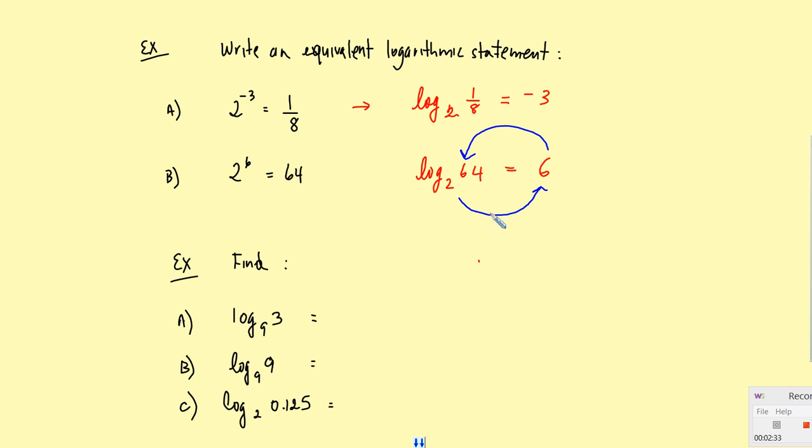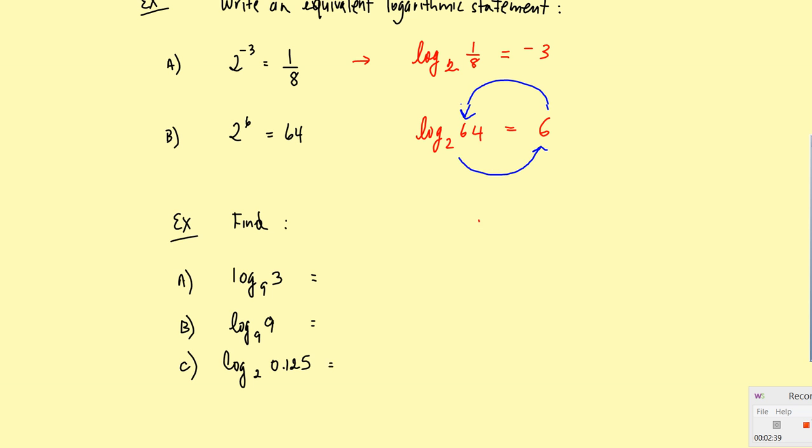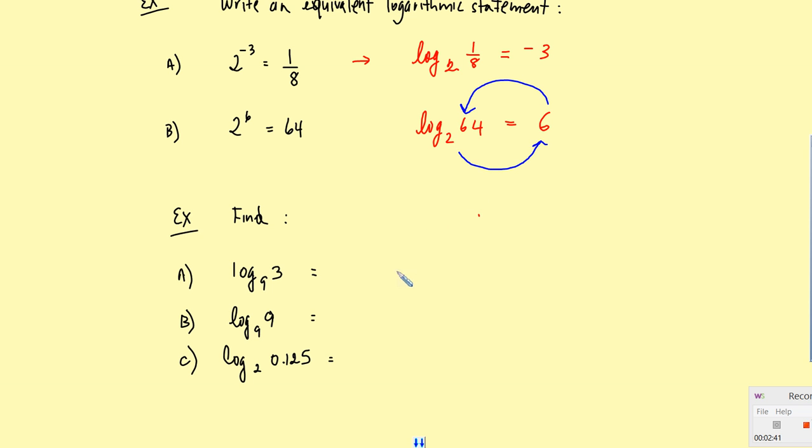So if I had to find log base 9 of 3, what that's basically saying is, I will set this equal to x, and I will set this equal to x in all 3 questions, and I'm basically saying that 9 raised to the power of x has to equal 3.